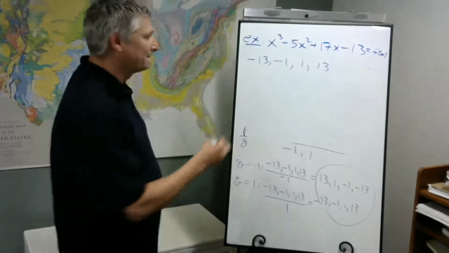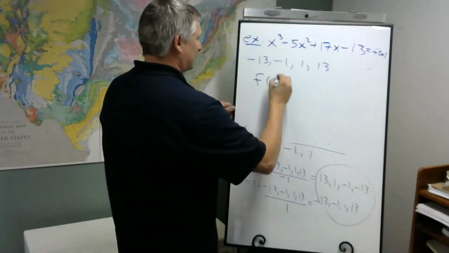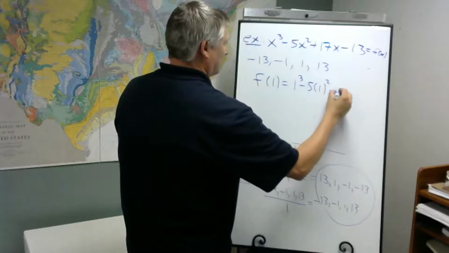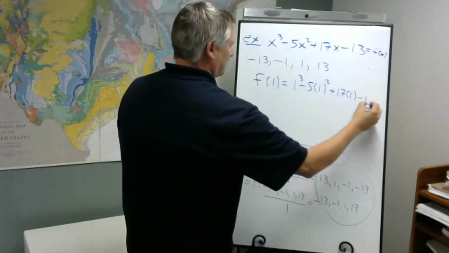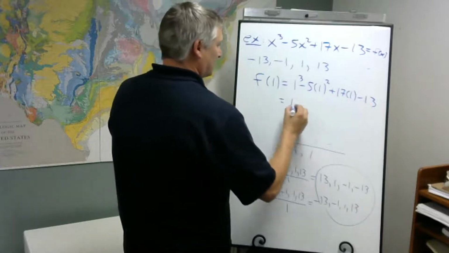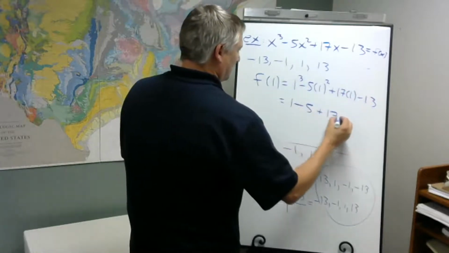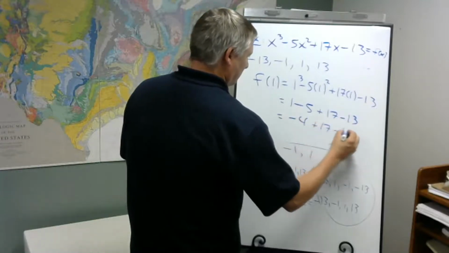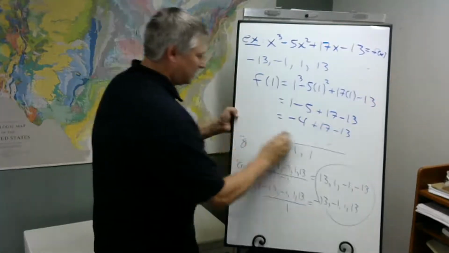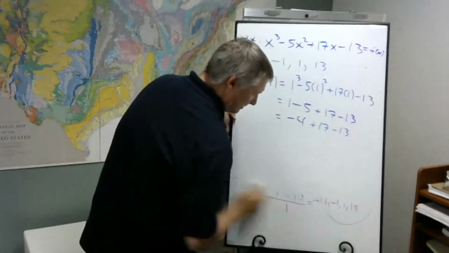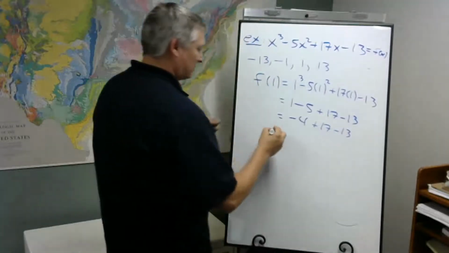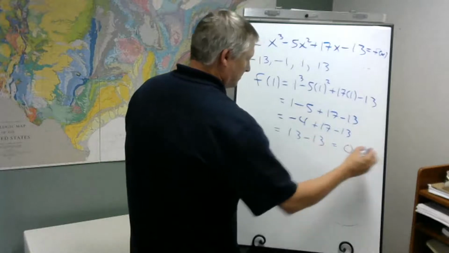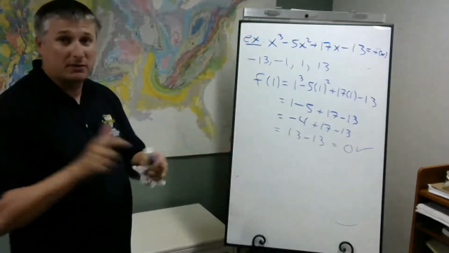is 1, sure enough. And sure enough, that's the one that gives you 0.